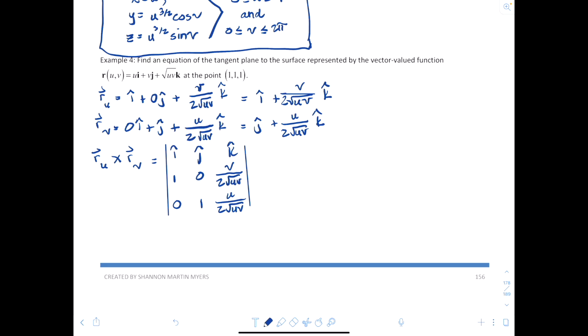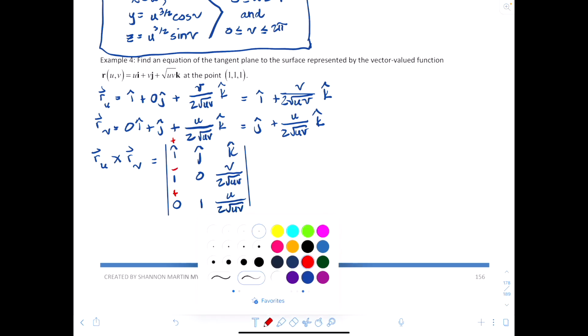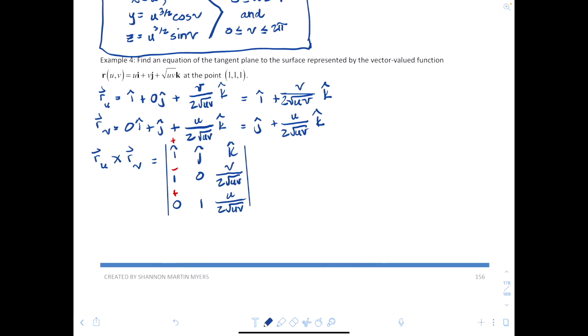So this is going to equal, well, depends what you want to expand about, right? I'll just go ahead and expand about this column, plus, minus, plus, because it's got a 0 in it. So we will end up getting i times 0 minus v over root uv.